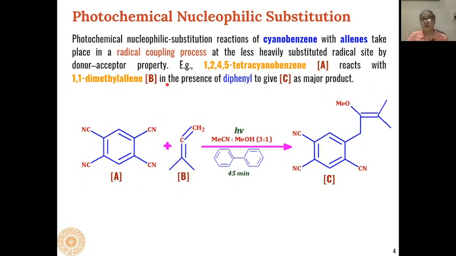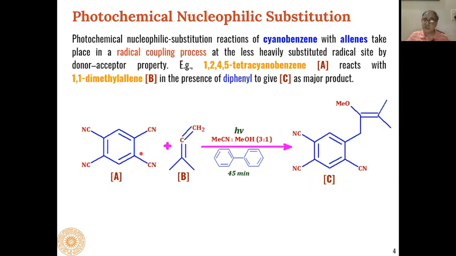Then some more examples of photochemical nucleophilic substitution reaction. When 1,2,4,5-tetracyanobenzene is reacted with 1,1-dimethylallene in the presence of biphenyl, then this type of photo-substituted nucleophilic product is formed.